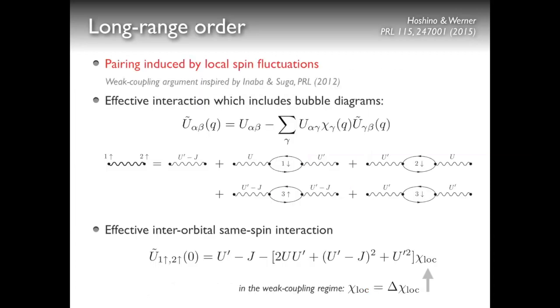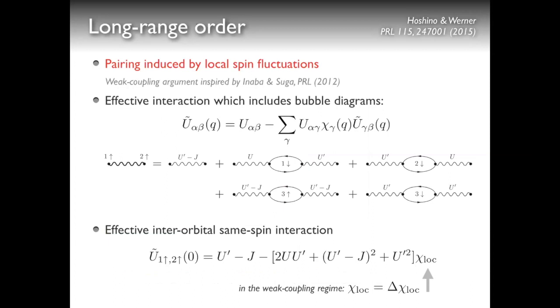Let me briefly try to explain how enhanced local moment fluctuations can induce equal spin pairing in different orbitals. Here we can do a kind of weak coupling argument and try to write up the diagrams which involve bubble insertions to define an effective interaction.